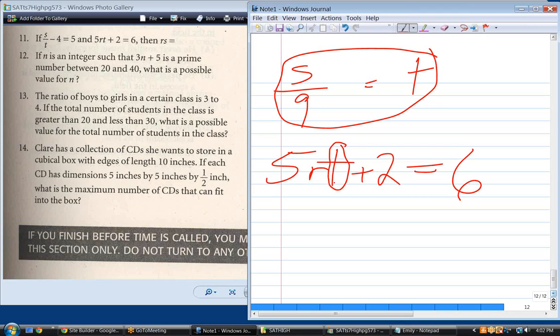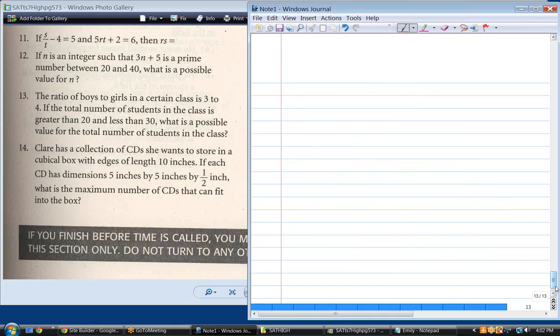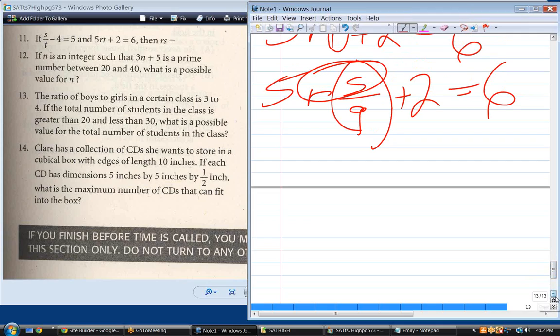Now, substitute into the lower equation and solve for RS. Okay, so subtract 2. Yeah, that's for starters.